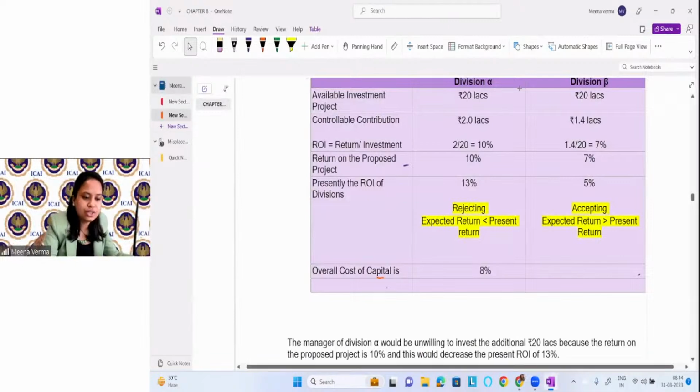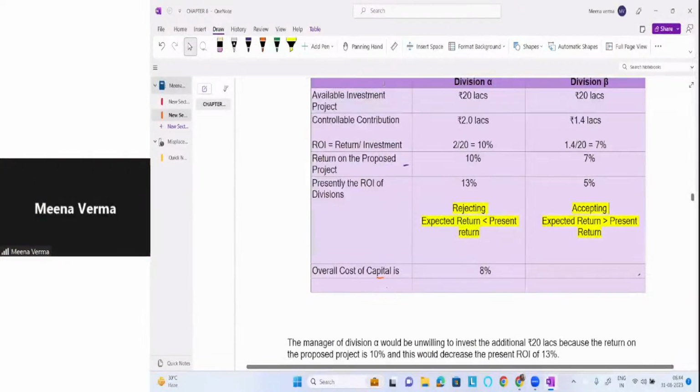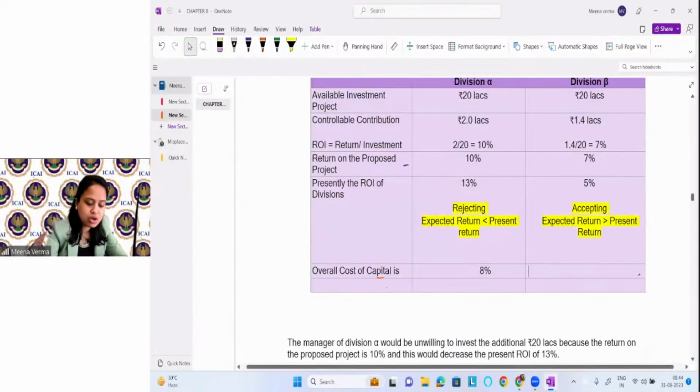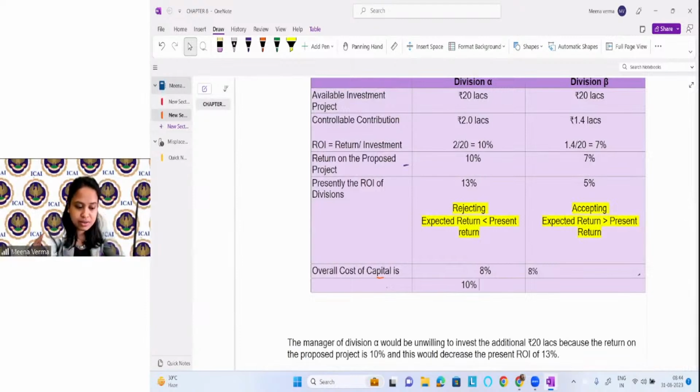Why is it not good for the company? Because in both the cases, the cost of capital is 8%. And you know what is happening here? Though here the expected return is less, still the return is higher than the cost.